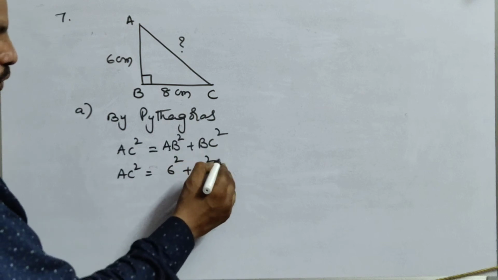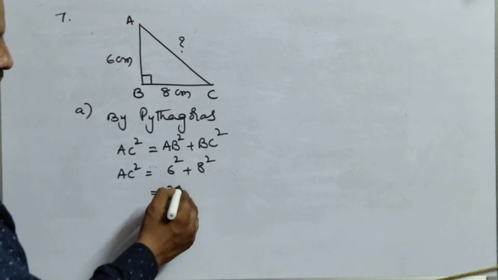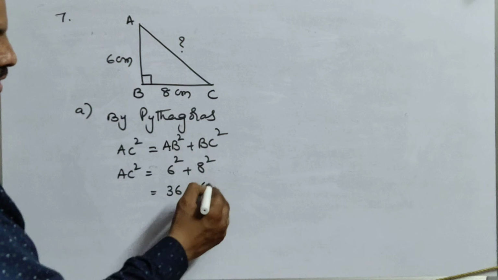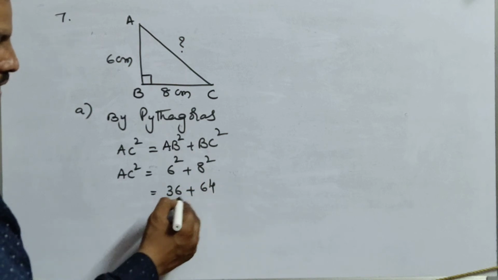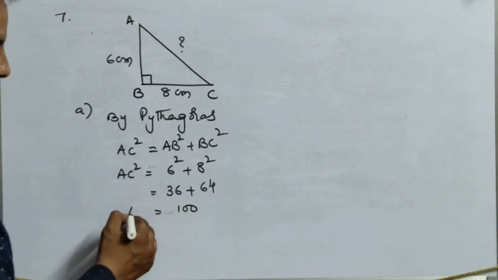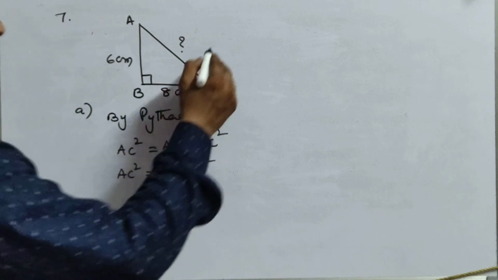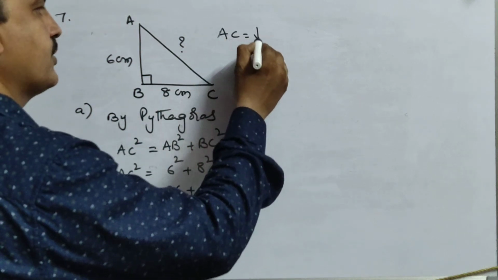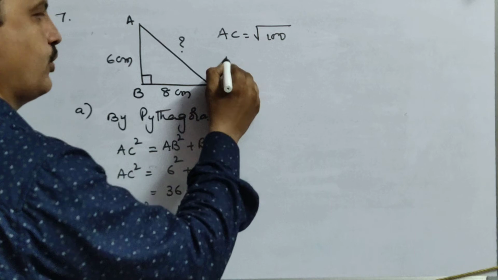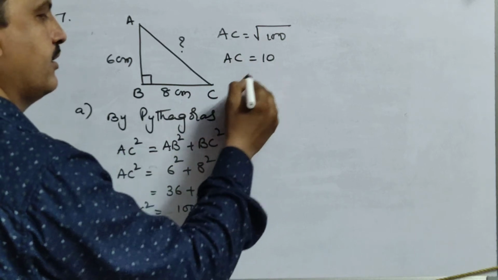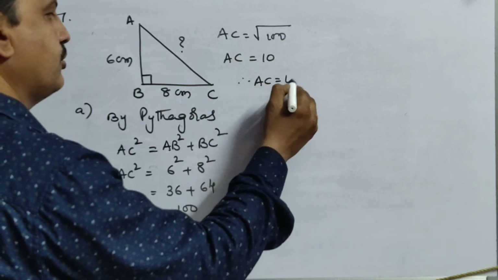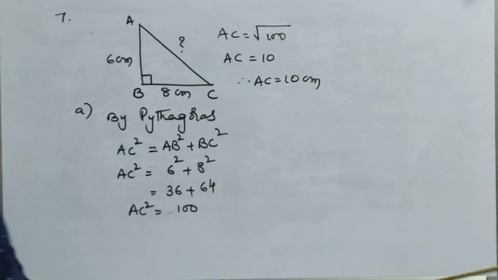BC we know, 8 square. So 6 square means 36. 8 square means 64. So 36 plus 64 is 100. So AC square equals 100. Then AC equals square root of 100. So what is the square root of 100? 10. Therefore AC equals 10 centimeters. So you got the value of AC. Okay.